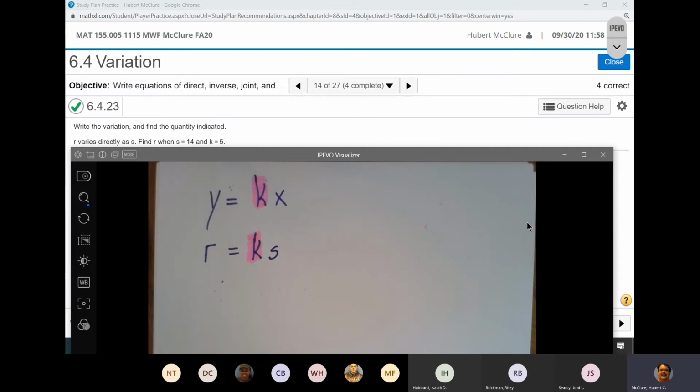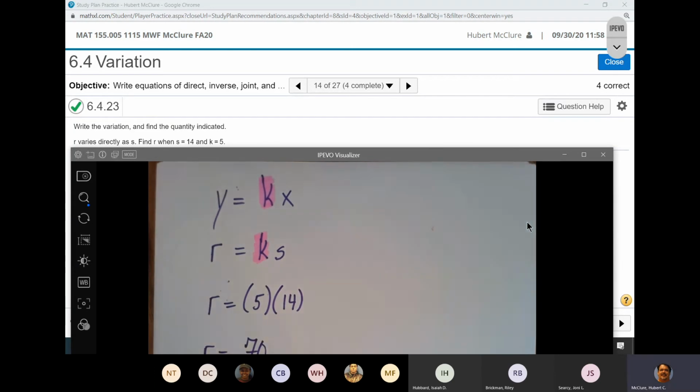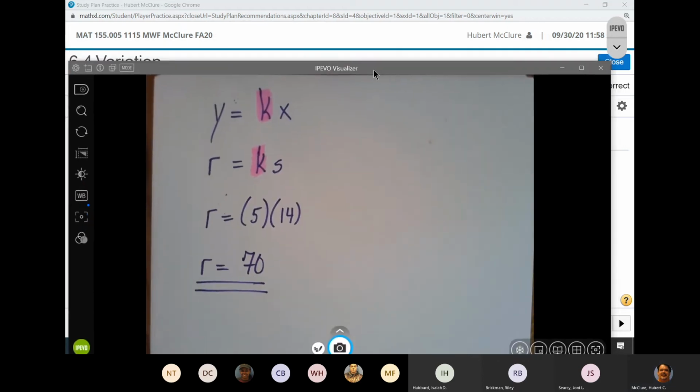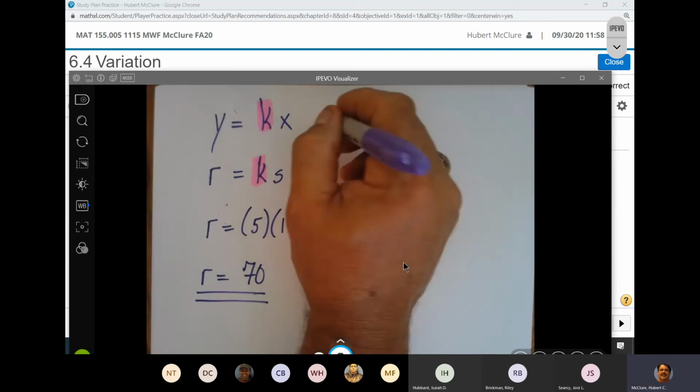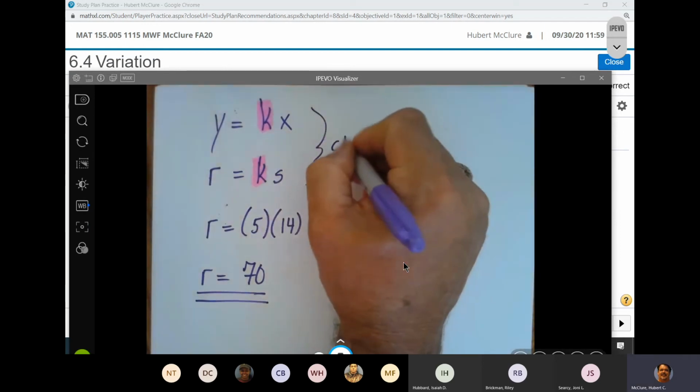Now they want you to plug and chug. R is equal to 5 times 14. And 5 times 14 is what, 70? And that's your answer. So this is the first one where it says change variables.